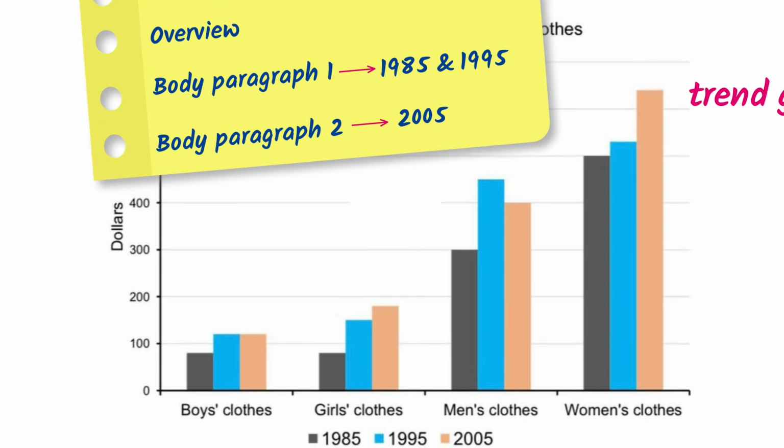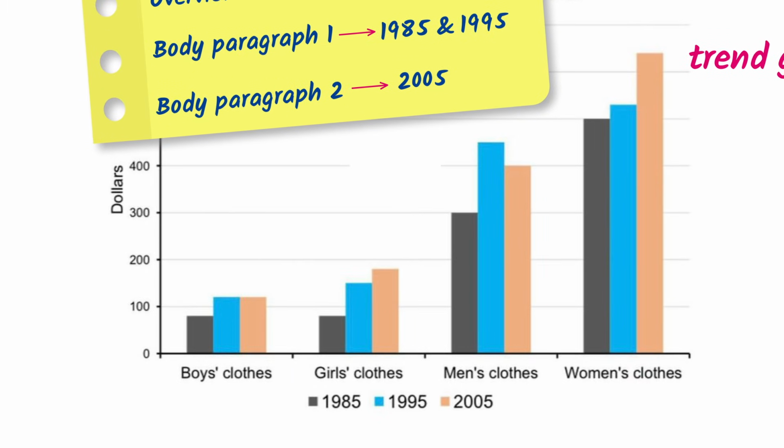The easiest way to analyze this chart is to talk about boys' and girls' clothes in the first body paragraph, and men's and women's clothes in the second body paragraph. Or you can also categorize data based on female and male. For example, you can write about women and girls in the first body paragraph and men and boys in the second body paragraph. But I'm going to make it a little bit more complex.